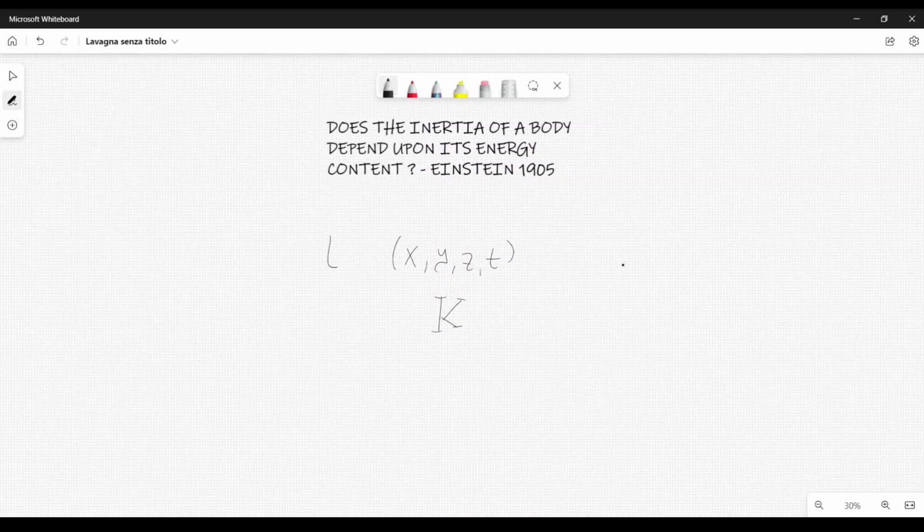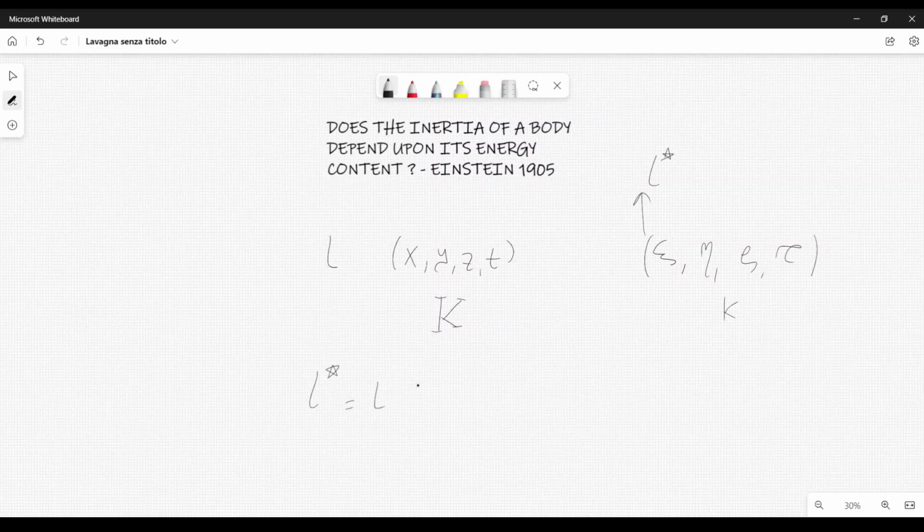Then there is a moving frame, which is characterized by the variables xi, eta, zeta, tau, and this system is called lowercase k. This system will measure a different energy, L star.